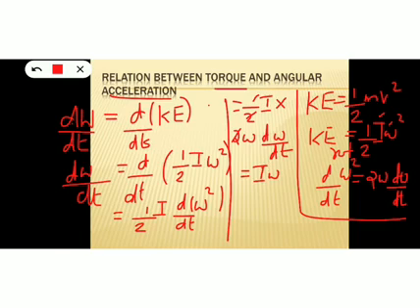And what is d omega by dt? We have already studied d omega by dt is angular acceleration alpha. And you got dW by dt is equal to I omega into alpha, and dW by dt is the power P. So power P is equal to I omega into alpha.